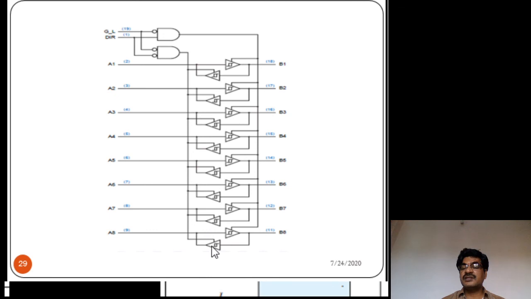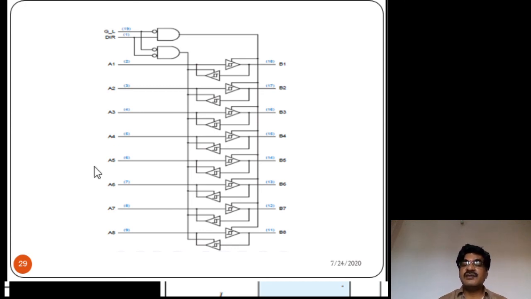Hence, the data is transmitted from right side to left side, because the lower buffers are enabled. For the lower buffers, the input is B and the output is A. So A equals B, as you can observe here.